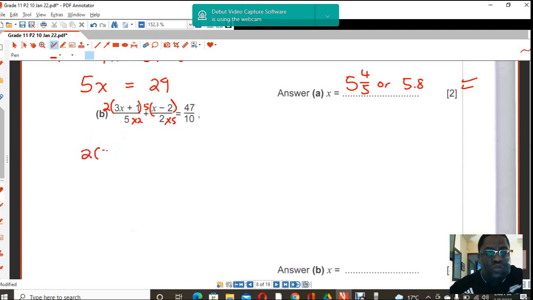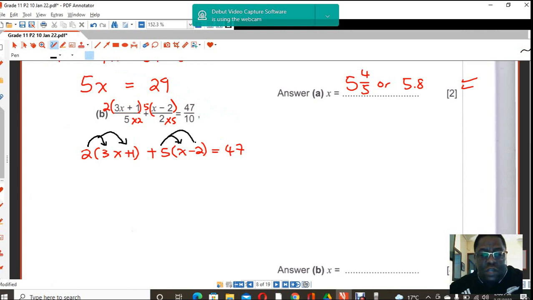So I've got 2 and 3x here, plus 1, plus 5. Then you have x minus 2 equals 47. If the denominators are the same, you can drop them, and you don't have to worry about them. You just now work with your numerators. And of course, there is some multiplication that you need to do.